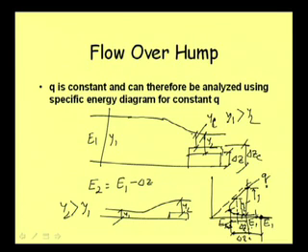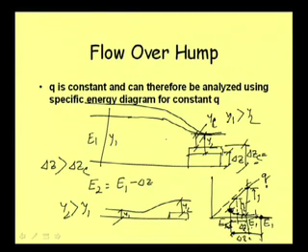With the increased level only, it can accommodate the delta z which is higher than the critical delta zc. So, if delta z is greater than delta zc, that is, the hump height is greater than the critical delta zc, then the depth here will remain critical, but the upstream level will rise.